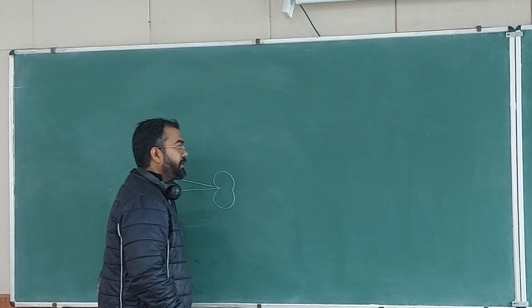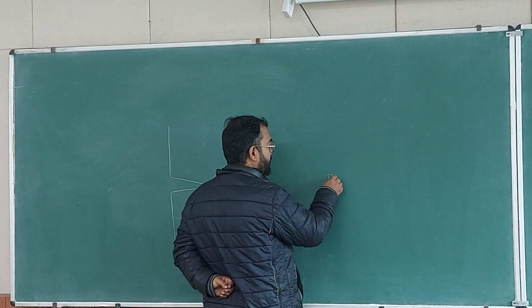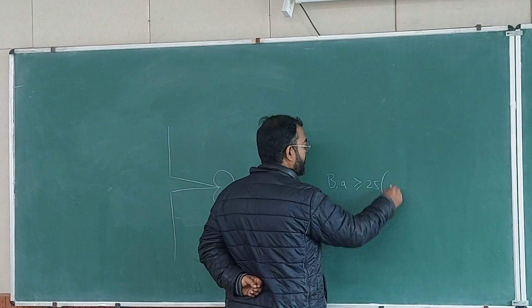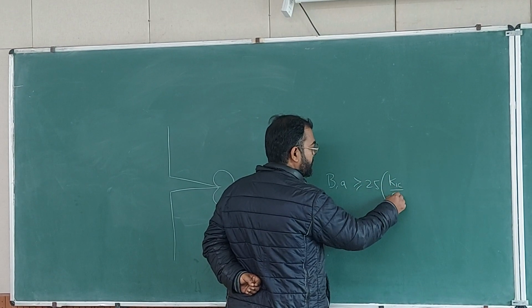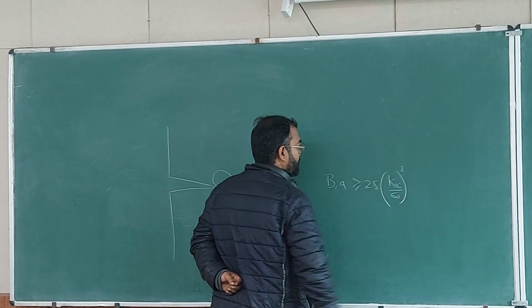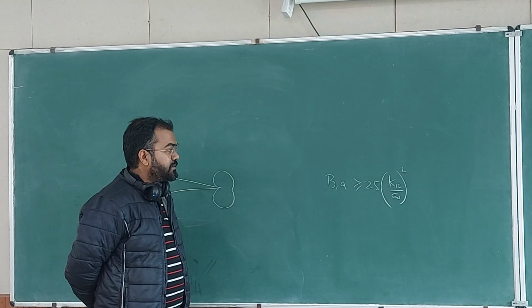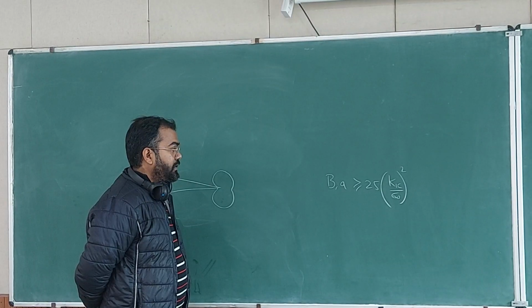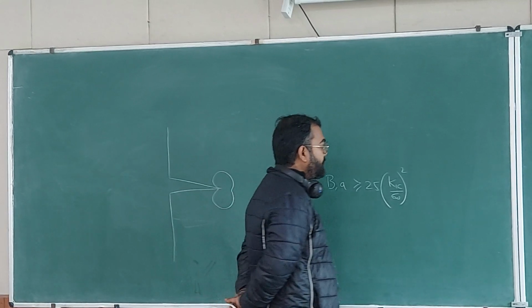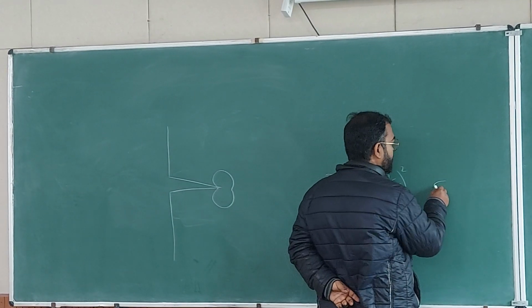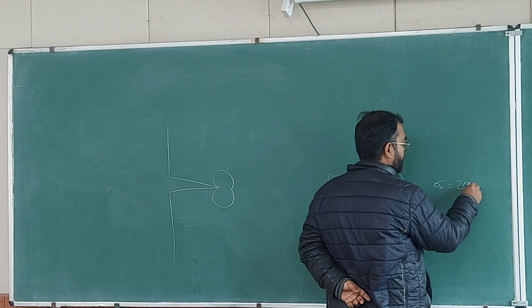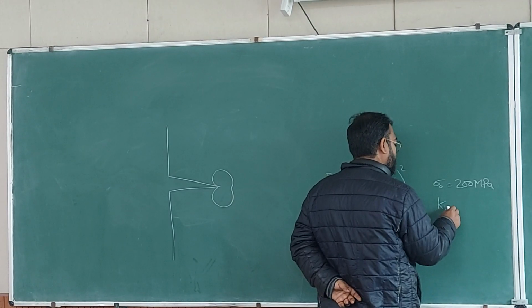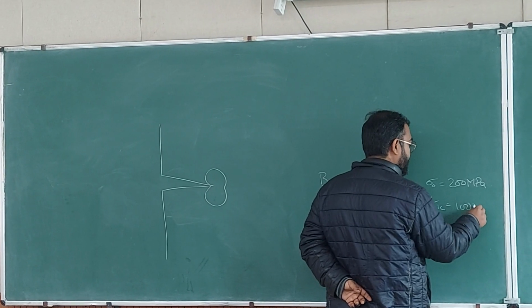Because of that, we got a criterion that our thickness should be greater than 25 times the plastic zone radius, so the plastic zone radius should be very small. Suppose I have a steel for which sigma naught is 200 megapascal and K1C is 100 megapascal root meter.